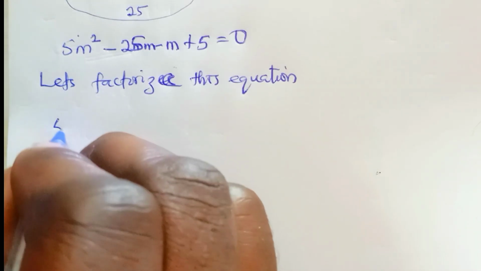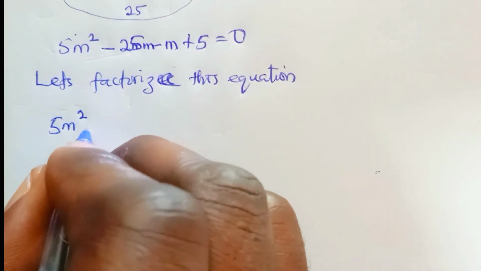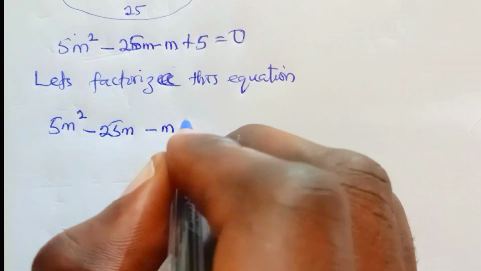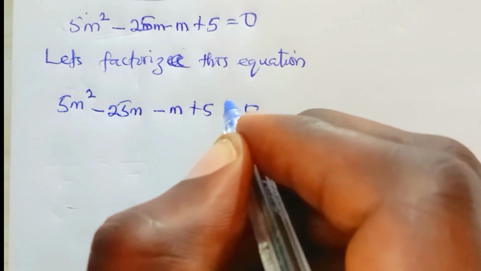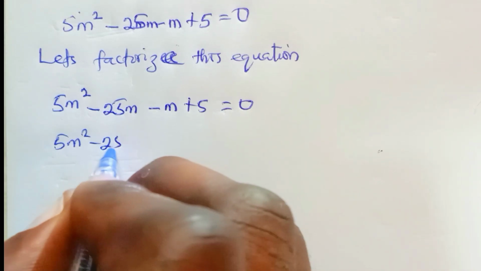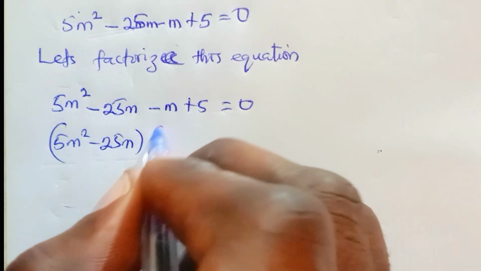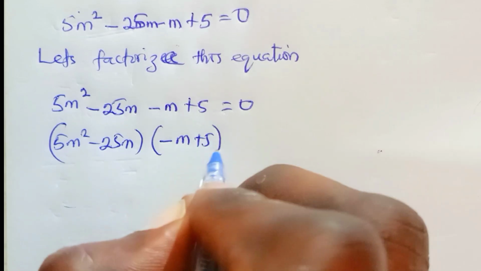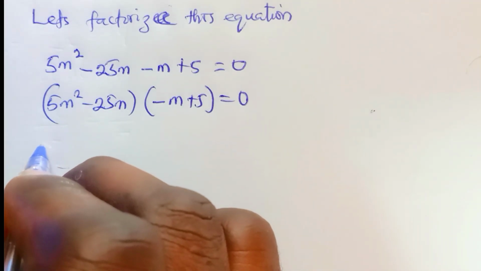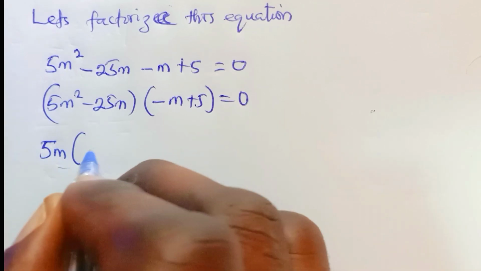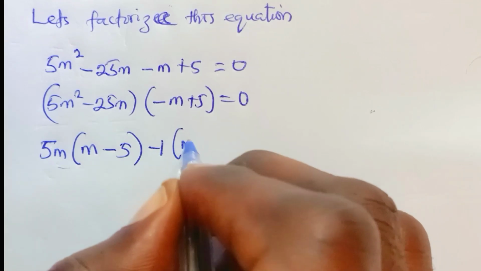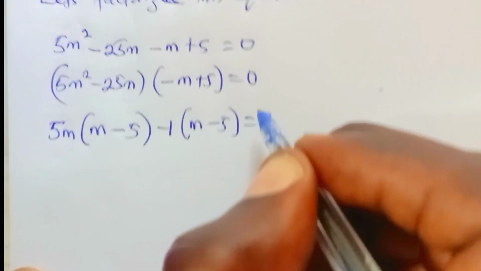We now have 5m^2 − 25m − m + 5 = 0. Therefore 5m(m − 5) − 1(m − 5) = 0.